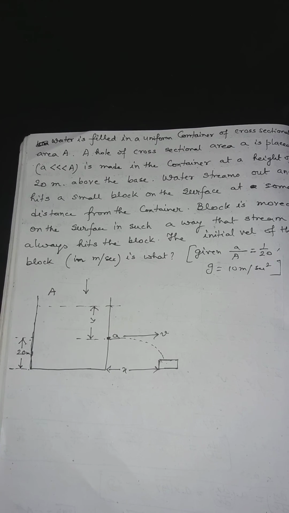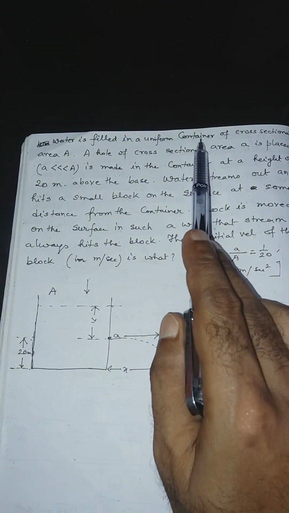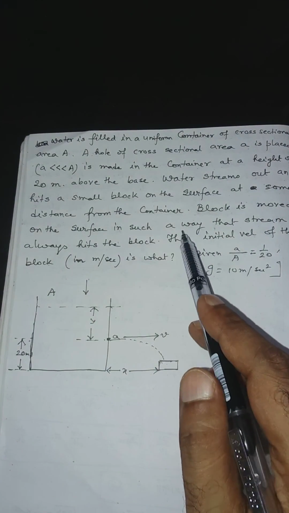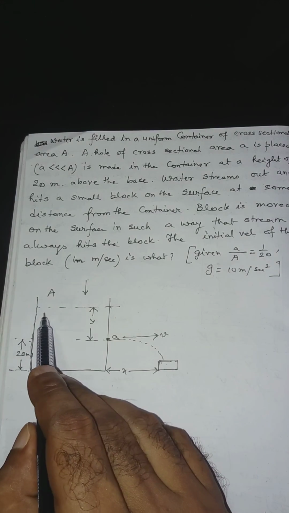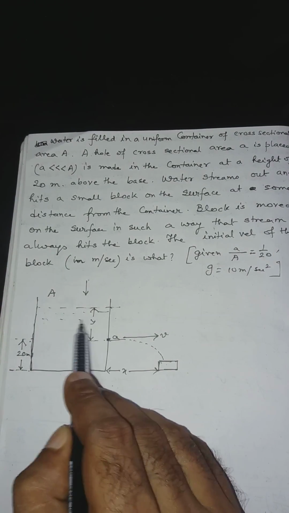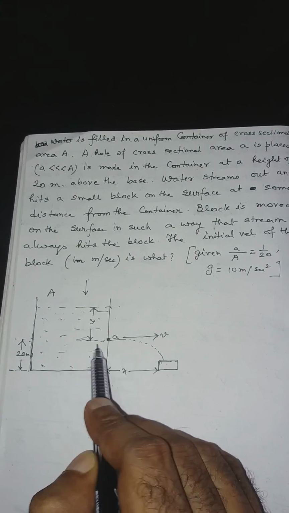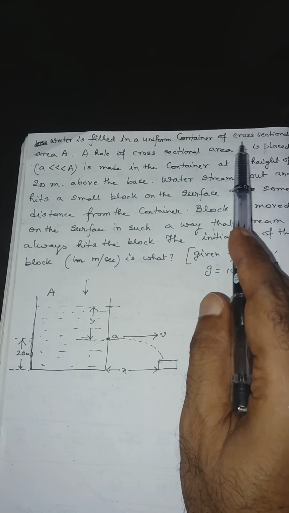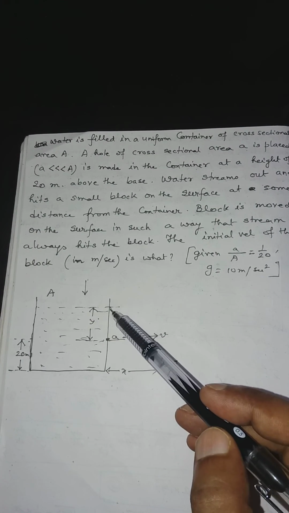Now let's see what the problem is. It is mentioned over here that water is filled in a uniform container of cross-sectional area A. Suppose this is a vessel, and this particular vessel is full of water, and the cross-section of the vessel is uniform, and that is A. A hole of cross-sectional area small a is placed at a certain distance below the surface of water.